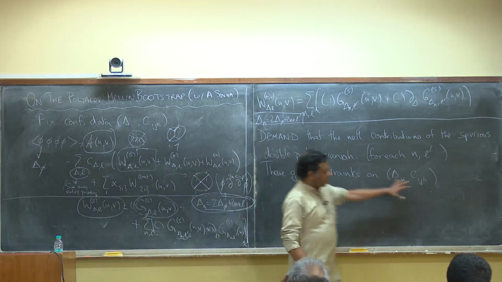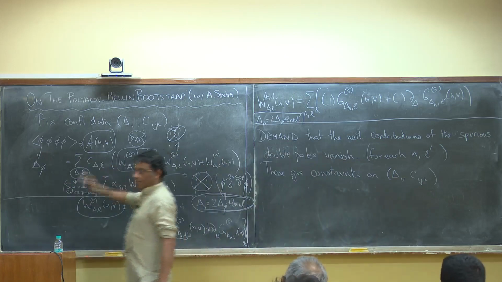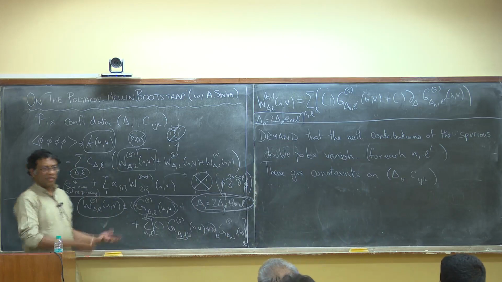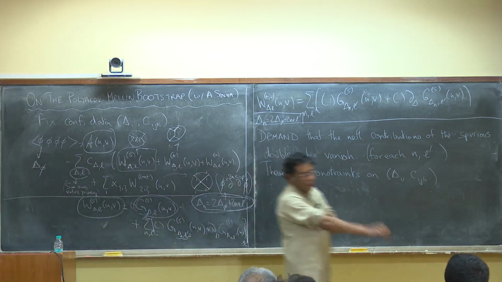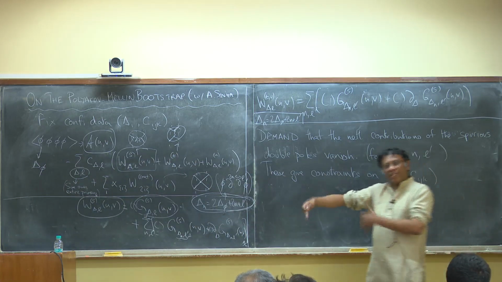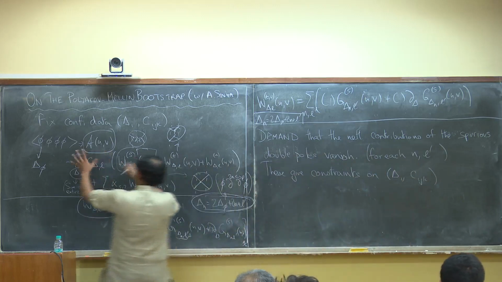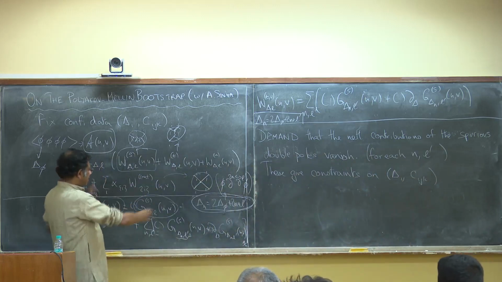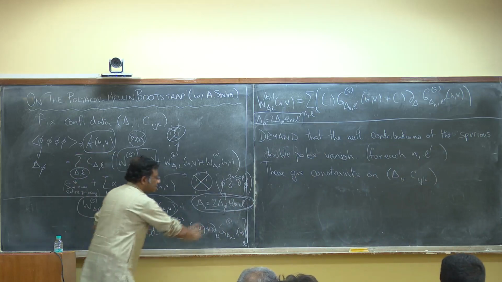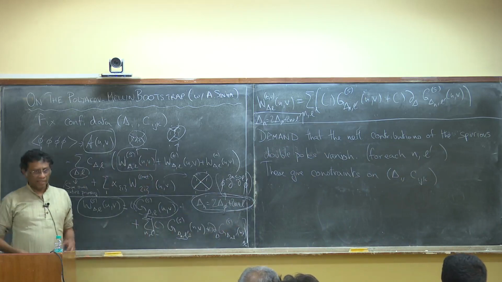So it gives constraints, and assuming these alphas are determined in terms of these, these give you an infinite set of constraints on these. Only for certain deltas and C's will these things vanish.